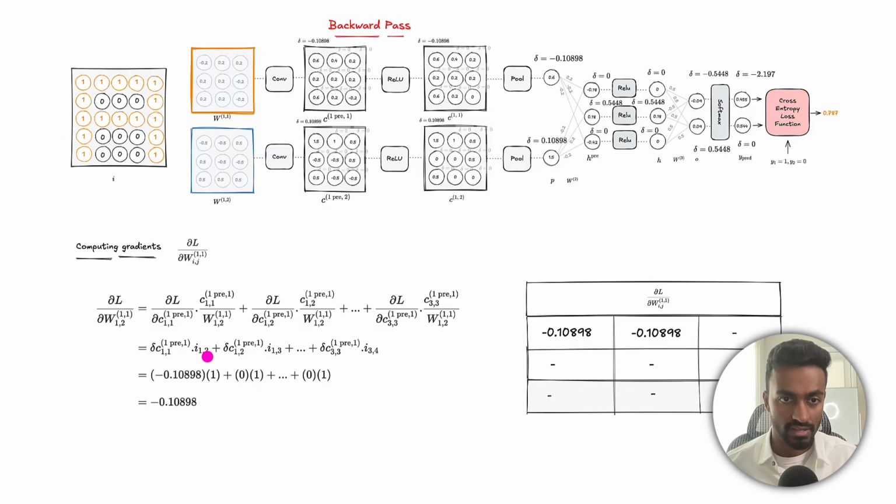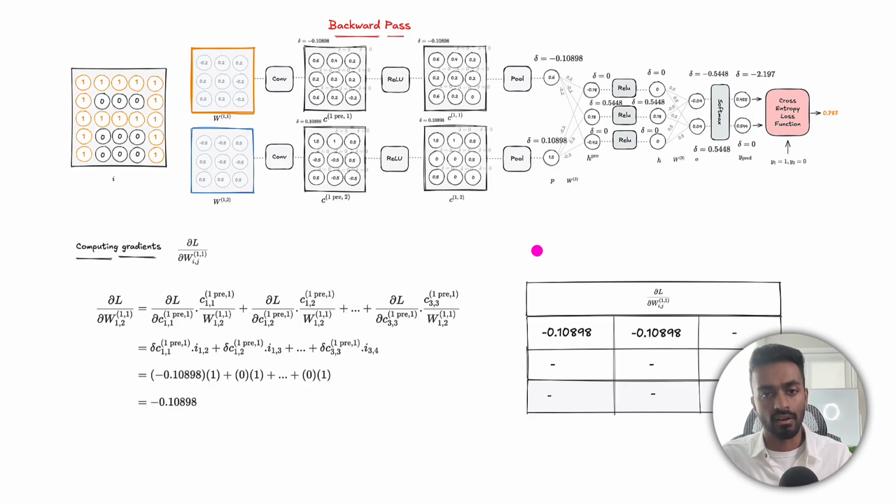So that's where that 1, 2 is coming from. Similarly, how does this neuron affect this right over here? Well, it's going to be when the feature map is right here, and it's this one that's going to be affecting it, right? That's where 1, 3 is coming from. And if you substitute all of these values, you're going to get negative 0.108, which we write over here.